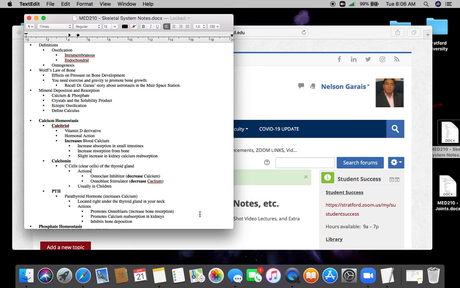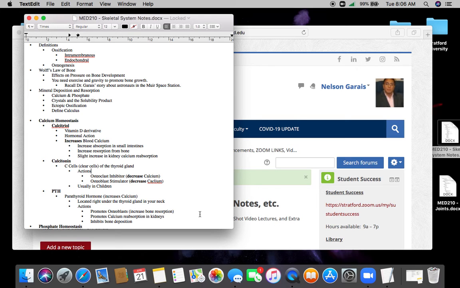And calcitriol, of course, that's why you're always talking about vitamin D. Its function is to increase blood calcium. So if calcitriol is in your blood, what will it do? Increase calcium absorption in your small intestines, increase bone resorption from your bones. And in the kidneys, there are some minor effects.